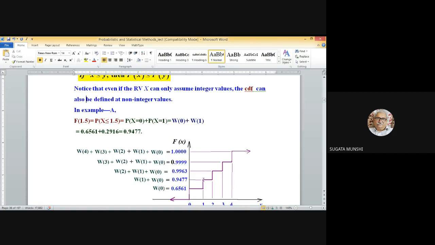The value that the step will assume depends on the sum of the probability mass function. All right. Here it becomes W0 plus W1. Height of discontinuity is W1. It continues in this way until it reaches 1. Then it remains constant.